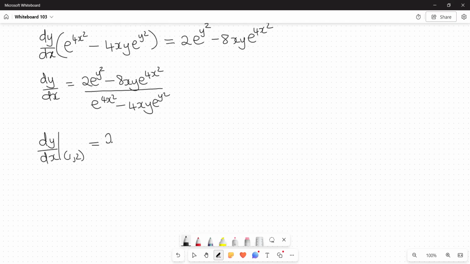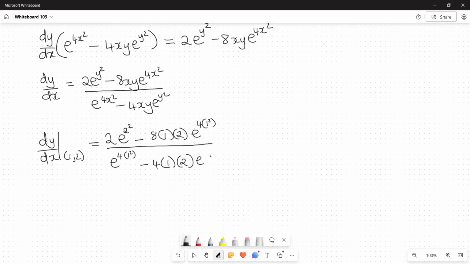So what we get is 2 e to the power of 2 squared minus 8 times 1 times 2, and then e to the power of 4 times 1 squared, over e to the power of 4 times 1 squared minus 4 times 1 times 2 and e to the power of 2 squared.